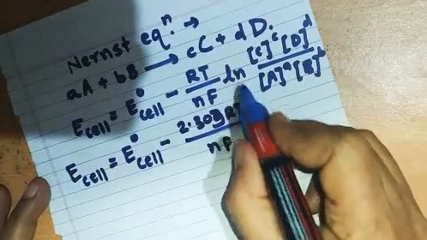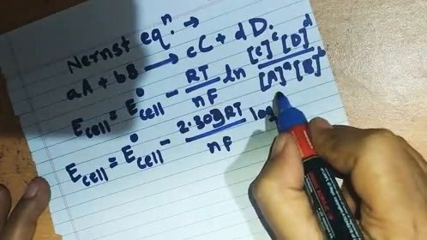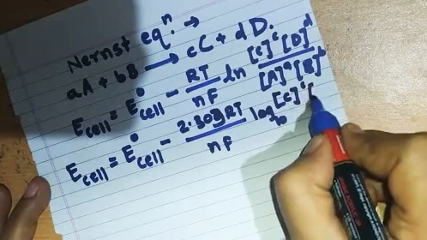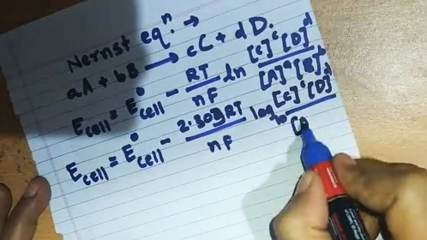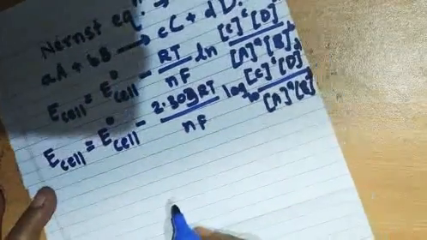Now ln is converted into log base 10 and the further terms remain as they are: C raised to c, D raised to d upon A raised to a into B raised to b, like this.